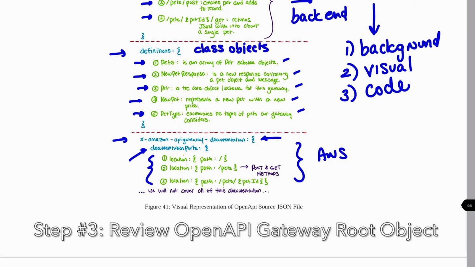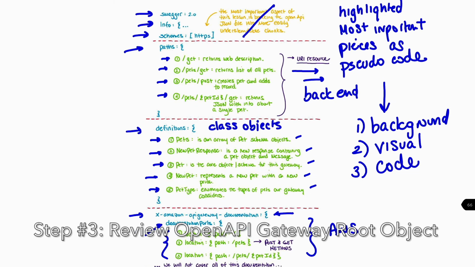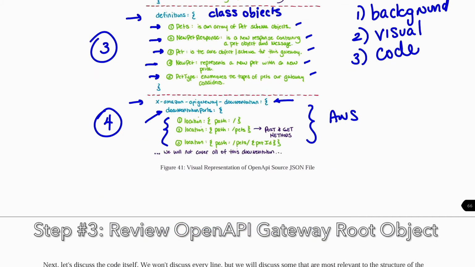So anyway, this gives you a pretty good understanding of what I would consider to be the four main pieces of the Open API specification, the root object that we're using. We have a header with some general information. We have the paths, we have the definitions, and then we have some additional information that AWS specifically needs.